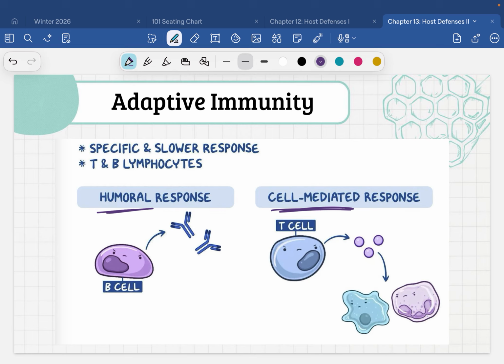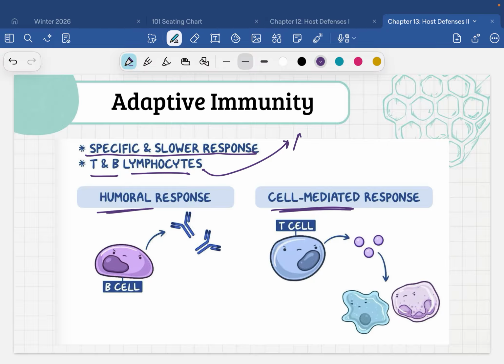So in the adaptive immune system, again, I already talked about this stuff, but the adaptive immune system is specific and it's typically slower. We talked about that on the last page. When we were talking about the innate immune system, we were talking about the phagocytes, mostly neutrophils, dendritic cells, and macrophages, right? Those are the phagocytes. Now we're talking about a different group of white blood cells that are called lymphocytes.